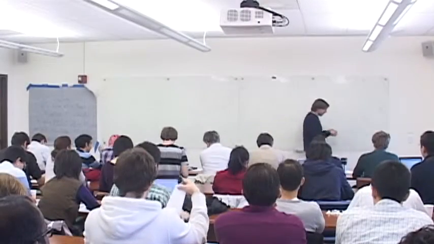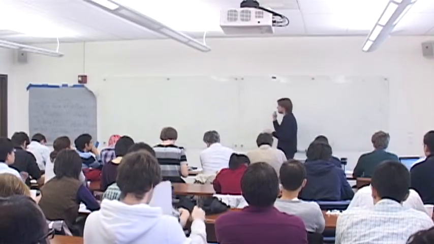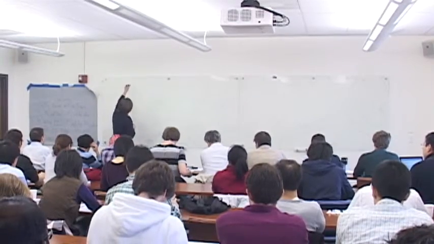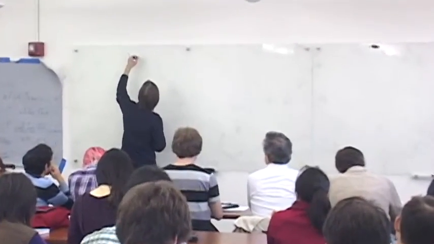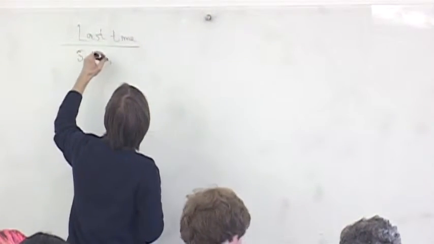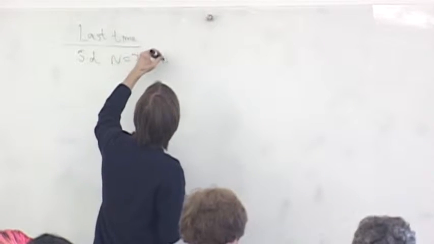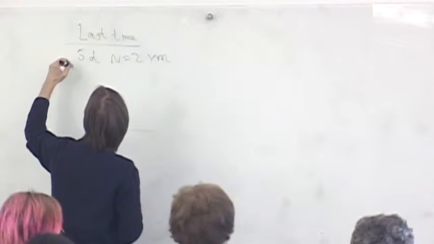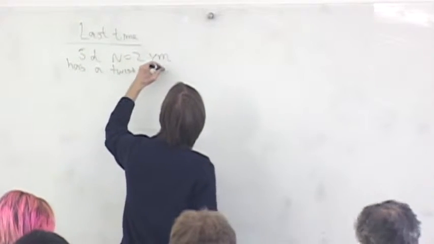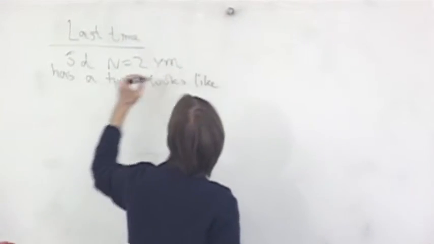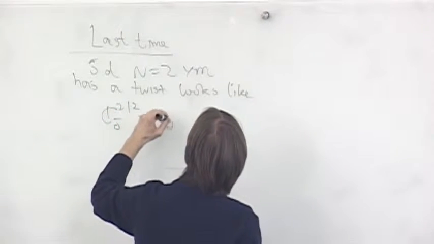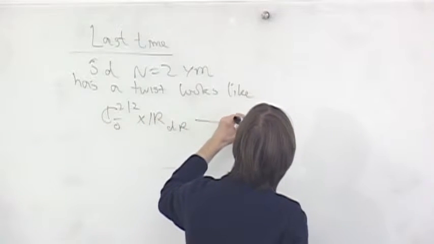So today I'm going to try and quickly review some things we did last time and then move on to how I think things work in 6 dimensions. So we saw that 5D N=2 Yang-Mills can be described by a twist given by maps from C^2/2 cross R to BG.